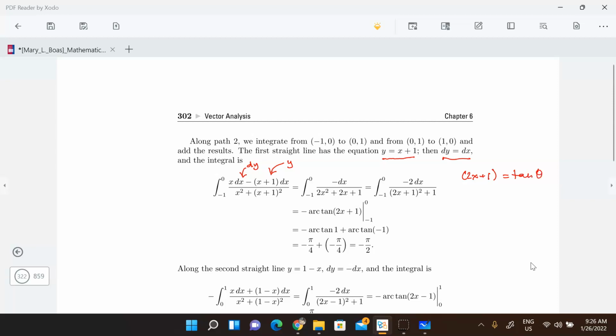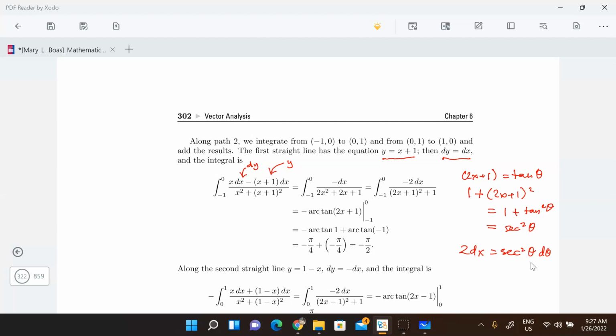Then 1 plus (2x plus 1) squared becomes 1 plus tangent squared theta, and this is secant squared theta. Once you do that, what will be your dx? Well, dx will be related to d theta in the following way. So you substitute all this, and then you should be getting your I. Let me just check my notes.